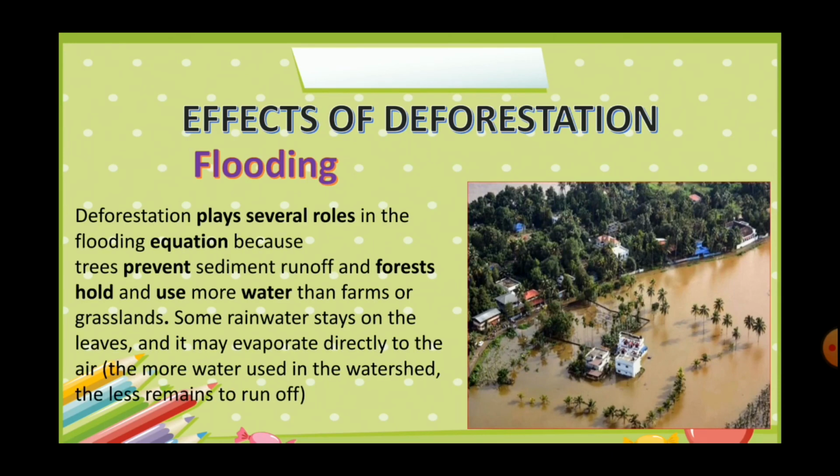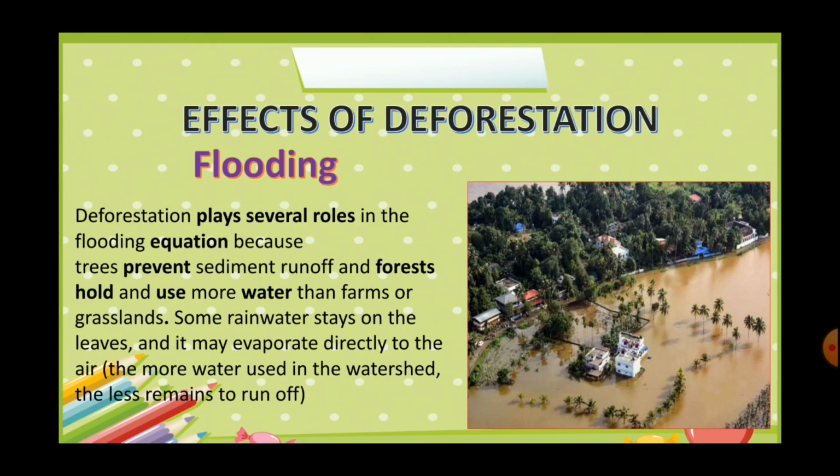Flooding. Because trees play a major role in slowing the movement of water. So deforestation plays several roles in the flooding equation because trees prevent sediment runoff and forests hold and use more water than farms or grasslands.